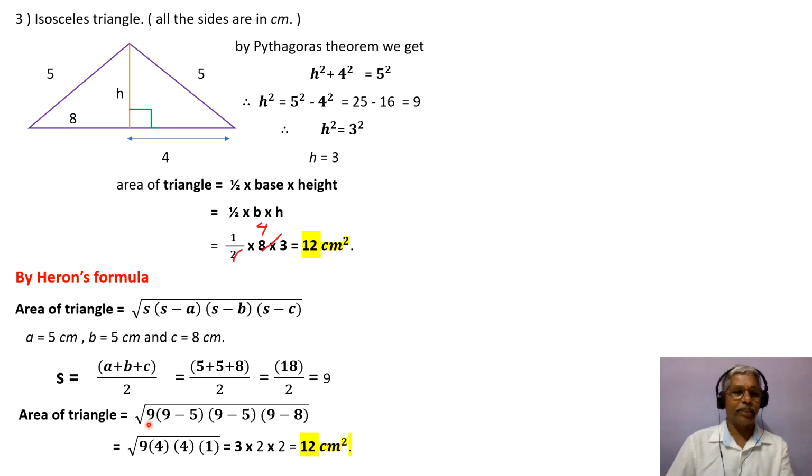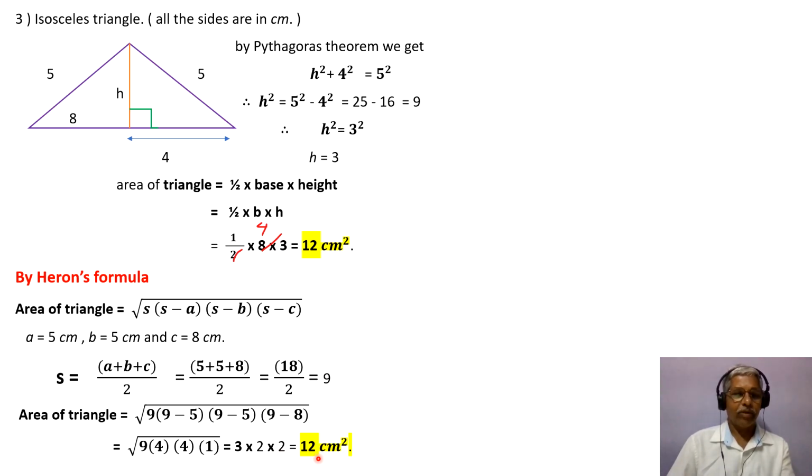Area of triangle is root of 9 into 9 minus 5 into 9 minus 5 into 9 minus 8. So this is 9, this is 4, this is 4, this is 1. So if you take all this out of the root sign, that becomes 3 into 2 into 2, that is 12 centimeters square. Answer is same.